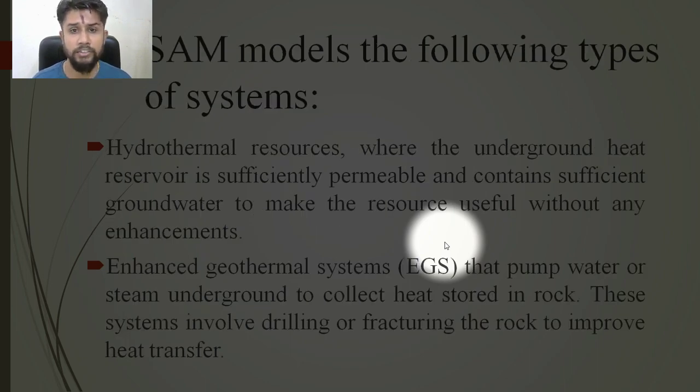The hydrothermal resources are where the underground heat reservoir is sufficiently permeable and contains sufficient groundwater to make the resource useful without any enhancement. Enhanced geothermal systems pump water or steam underground to collect the heat stored in rock.